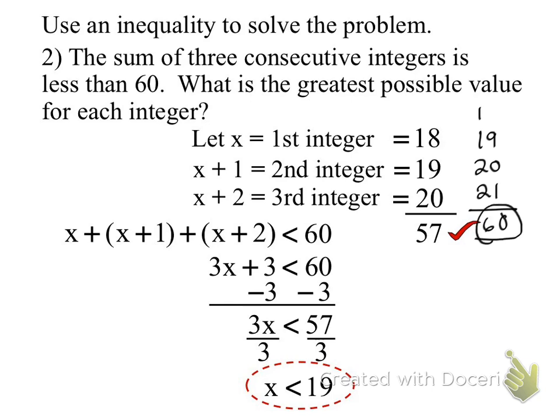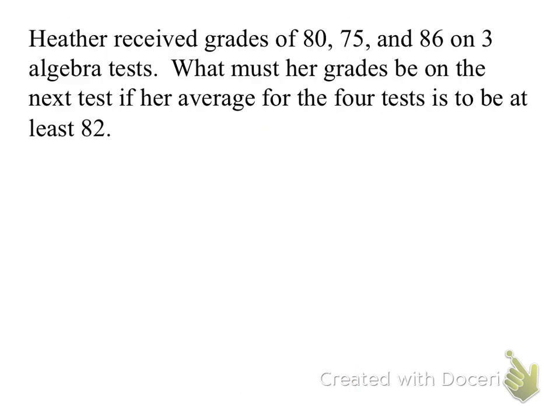Does that make sense of the answer? It says the sum of 3 consecutive integers is less than 60. Can't be. Does that make sense? Okay. Let's go to the test question.